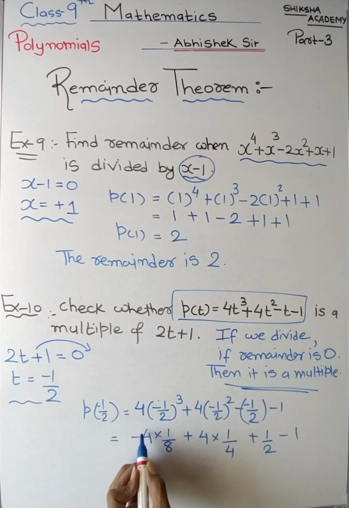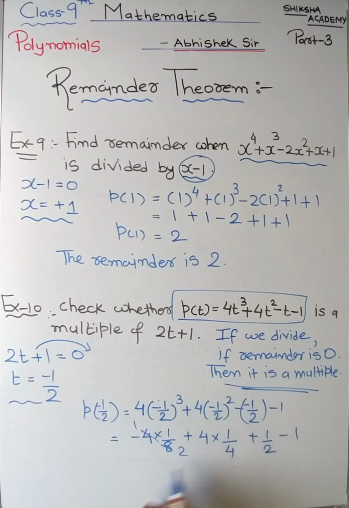Can you cancel this? Yes. Here it is minus 1 by 2. Here it will be plus 1, then it will be plus 1 by 2, and it will be minus 1. Final answer, you see, minus half plus half will be cancelled, plus 1 minus 1 is cancelled, so final answer is 0. So what we'll write?